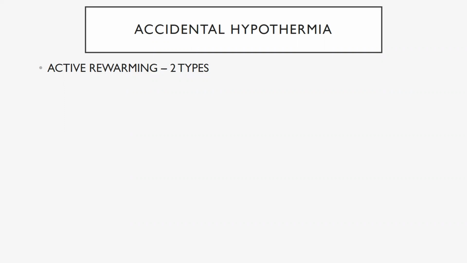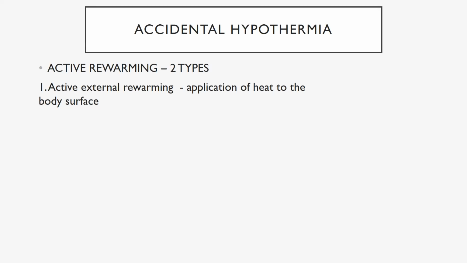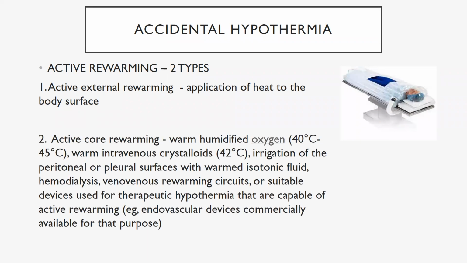Okay, so active rewarming. There are actually two types of active rewarming. Active external rewarming, which is your bear hugger applying heat directly to the body, and active core rewarming. When you think about active core rewarming, you think about warm air that you administer to the patient, and warm fluids that you give the patient.